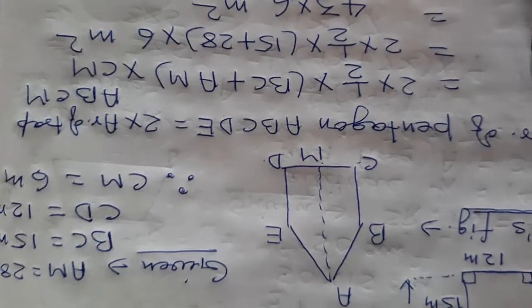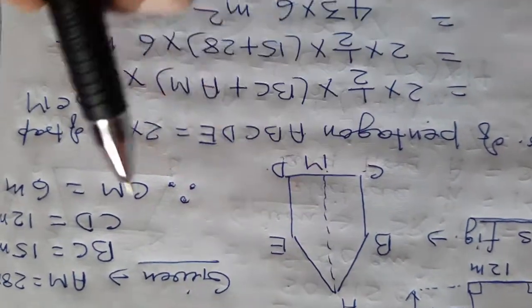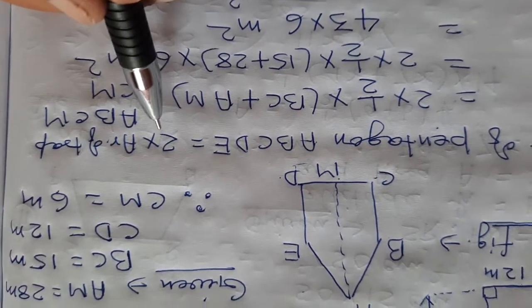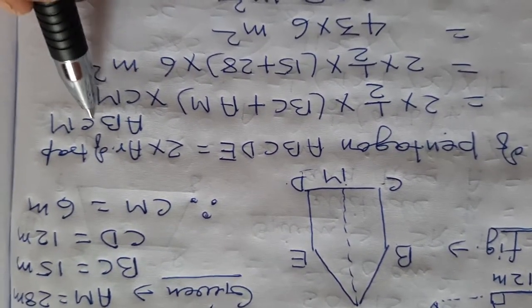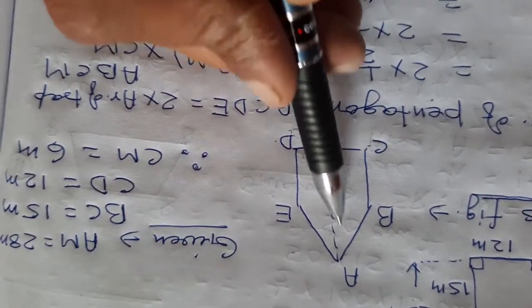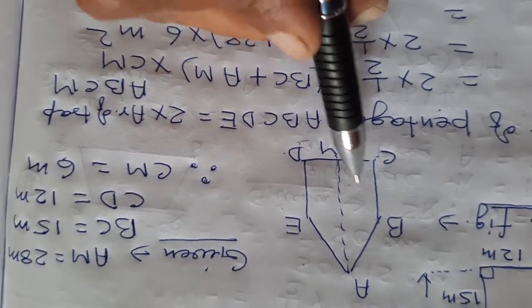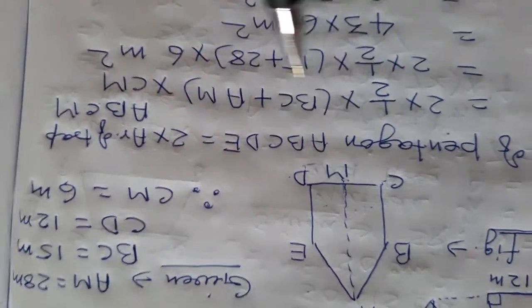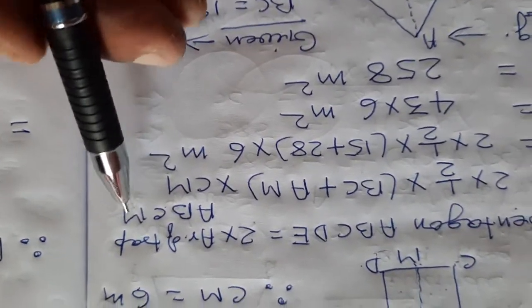So now the area of pentagon ABCDE is equal to 2 into the area of trapezium ABCM. The area of this pentagon is double that area. Therefore, 2 into the area of trapezium ABCM.